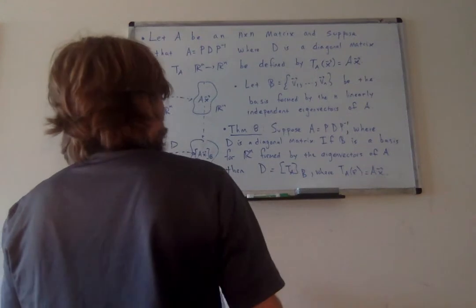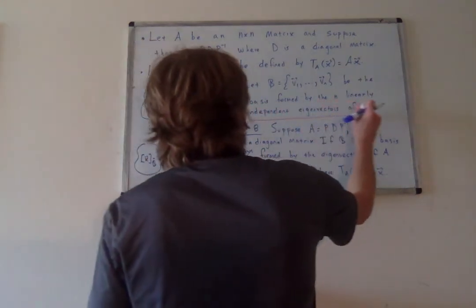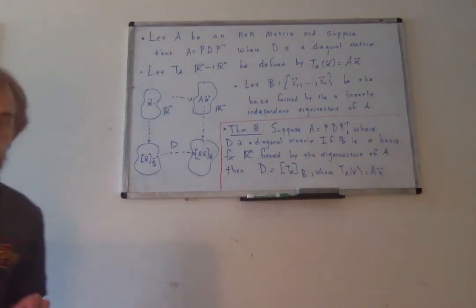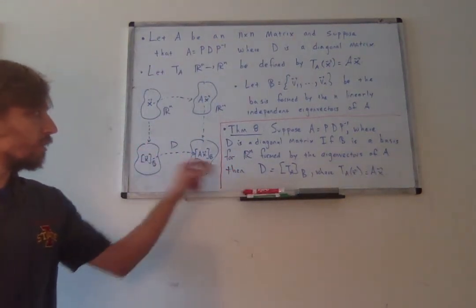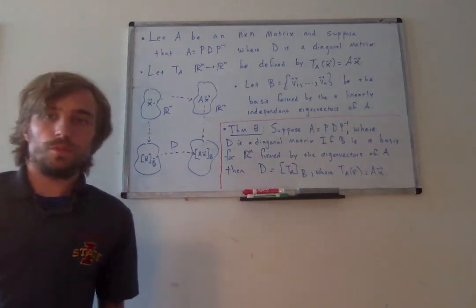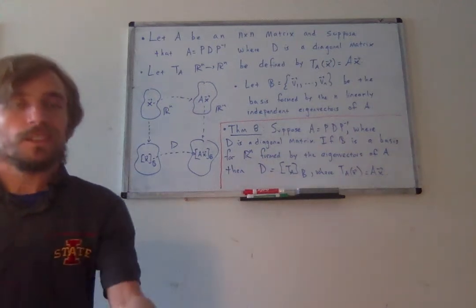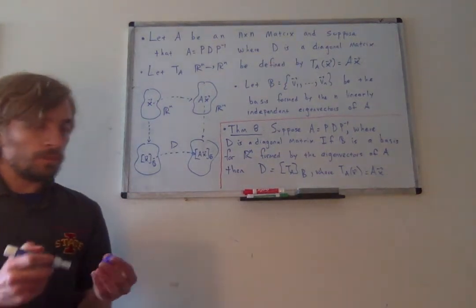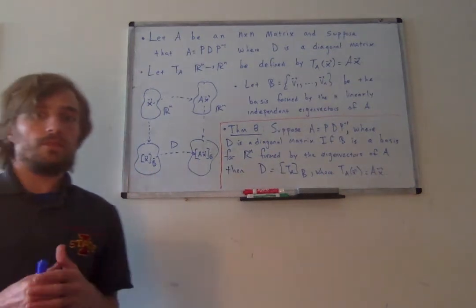So theorem 8 basically states that this mythical B matrix for the linear transformation T we've been looking for, in the case when I have a diagonalizable matrix, can just be found by looking at this diagonal matrix D.